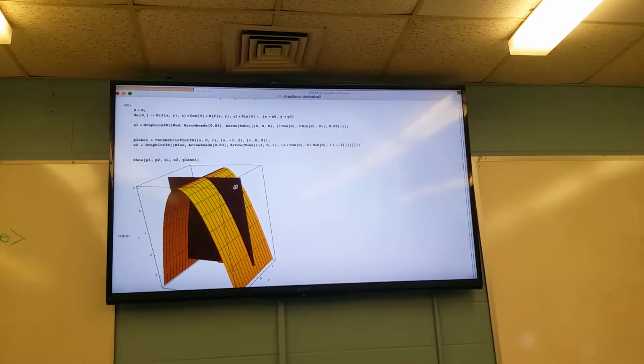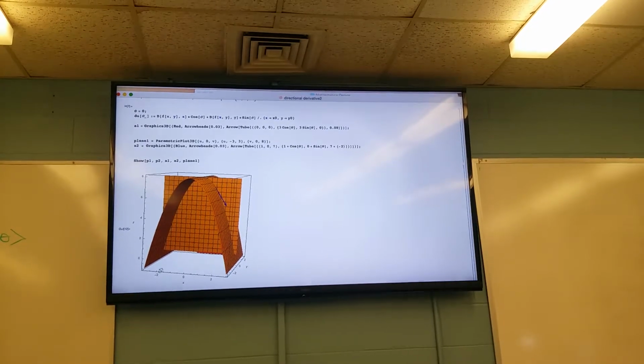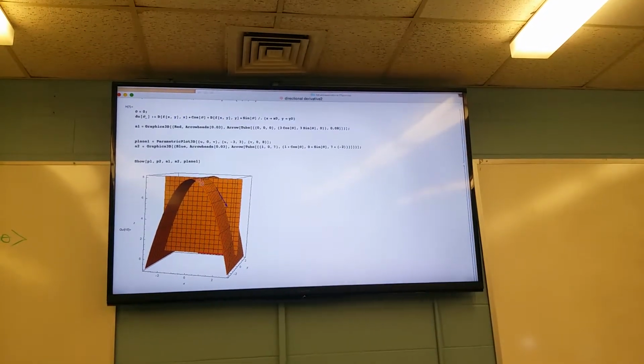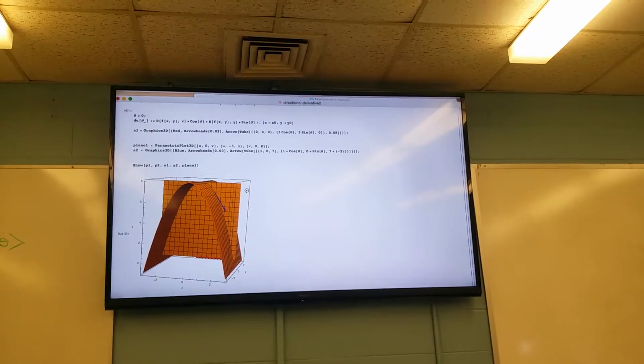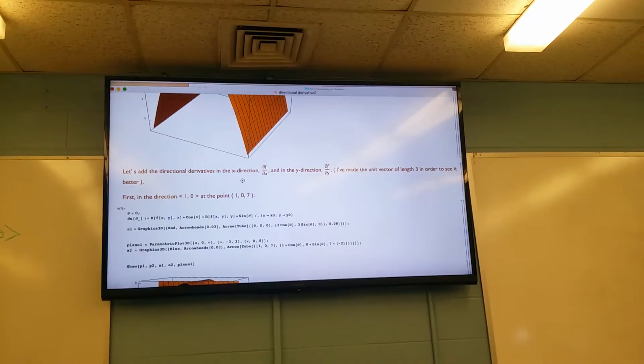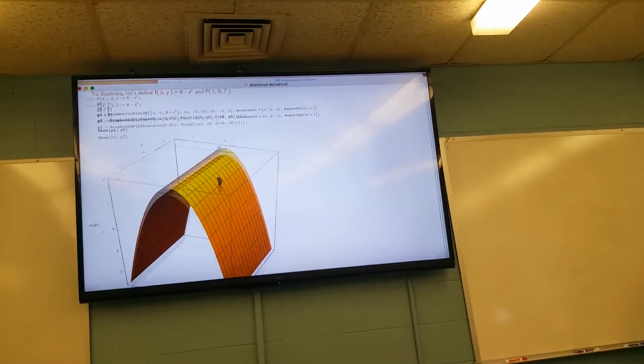Okay, so slope of the tangent line, this is along the x-axis. Here's the x, so this is the partial derivative with respect to x. Please notice that it's negative. And again, if you were to take the partial derivative of 8 minus x squared, you would certainly get negative 2x.